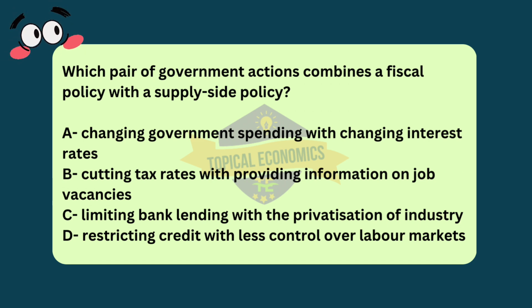However, limiting bank lending doesn't combine with fiscal policy, so this is not the right answer. Lastly, option D, restricting credit is a monetary policy action, and less control over labor markets can be seen as a supply-side measure, e.g., deregulation. But since restricting credit is not part of fiscal policy, this doesn't combine fiscal policy with supply-side policy either.